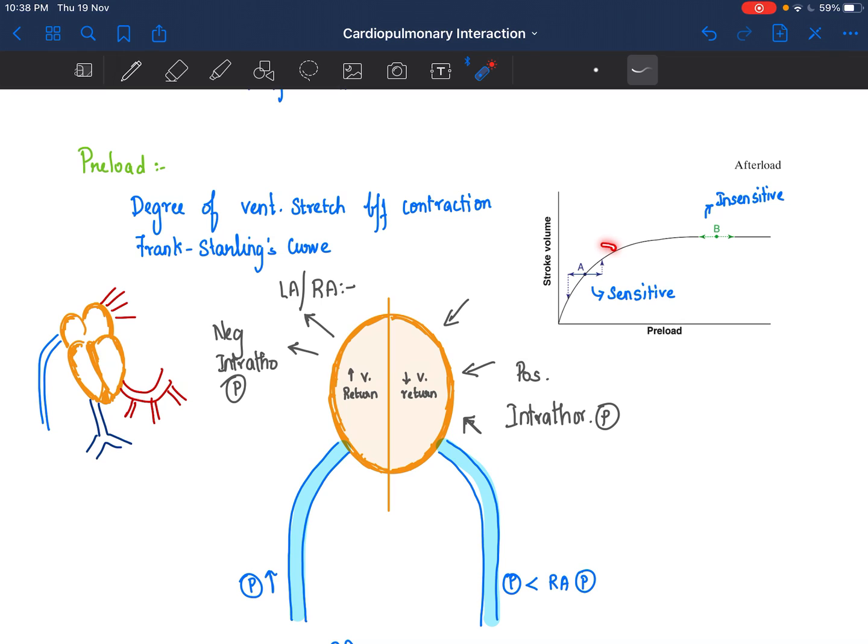So, this part where it is curving upwards is the preload sensitive area, where an increase in preload is actually going to increase the stroke volume of the patient, whereas the flat plateau is the preload insensitive part, where even if you increase preload or increase volume, it is not going to translate as an increase in stroke volume.